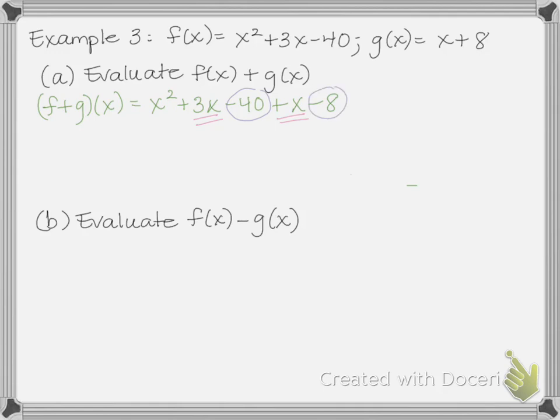So let's combine them. So f plus g of x will then equal x squared, all by its lonesome self. 3x plus x is positive 4x. And negative 40 minus 8 is negative 48.